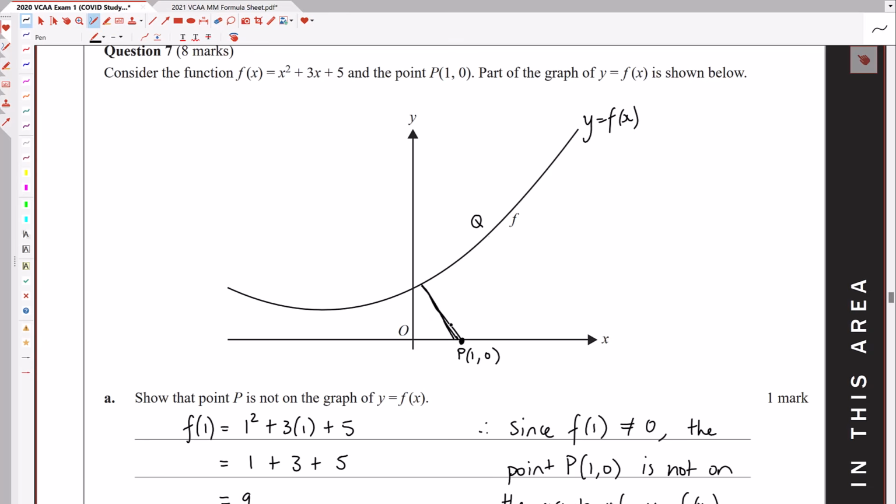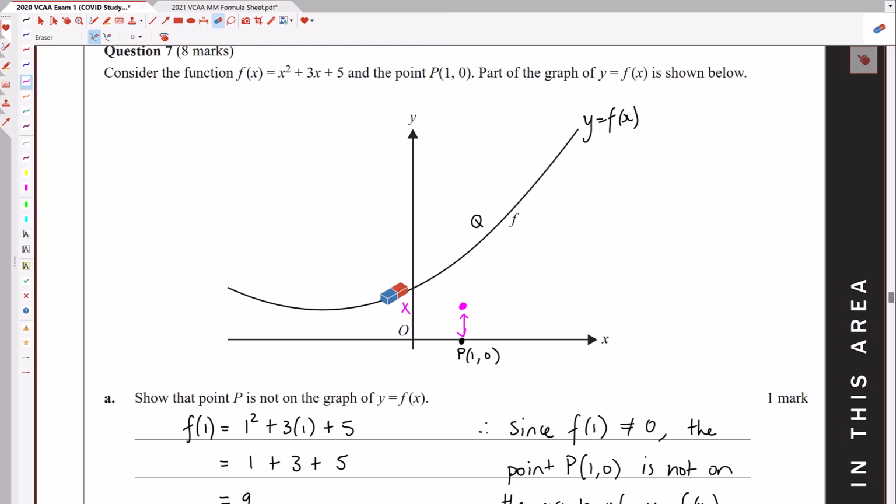There'll be some sort of distance there. But if I can translate this graph as much as I want left or right in order to get it as close as possible to P, given that P is fixed on the x-axis, if I can move it so that the turning point is right above P, that's going to be the shortest possible distance. So actually, it's really just about finding the turning point.